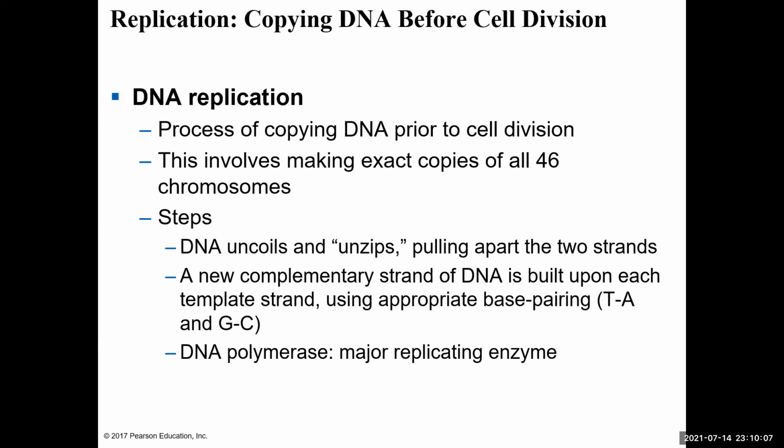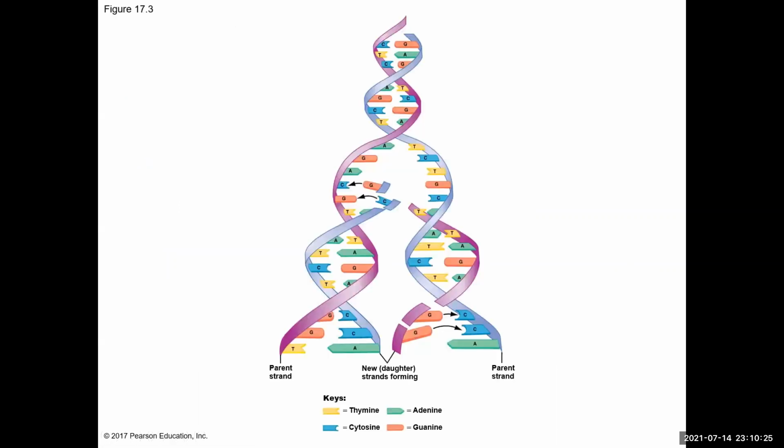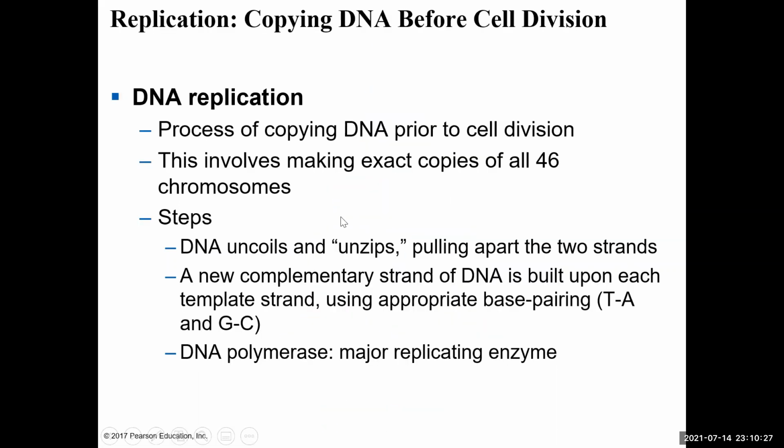Okay. So what we're going to talk about first is DNA replication. Okay, so copying DNA before the cell divides. This happens during the S phase, and this means that the cell is making an exact copy of all 46 chromosomes that exist inside that cell. And the way the replication happens is the DNA will basically unzip and unwind.